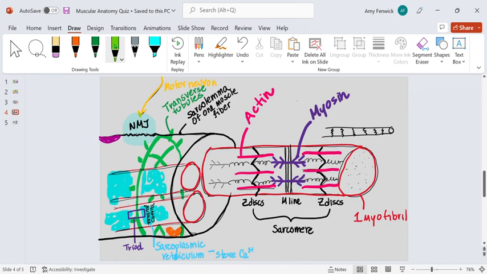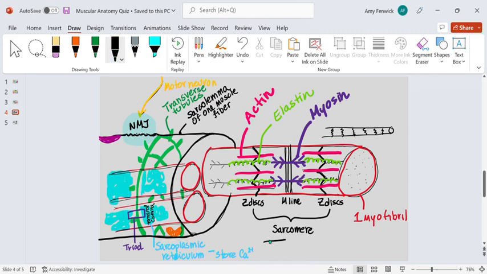Myosin and actin together are linked through another protein fiber that we've seen before, and what I'm drawing in green here is elastin. So these are the three types of protein fibers that come together in a very specific arrangement to make a sarcomere.